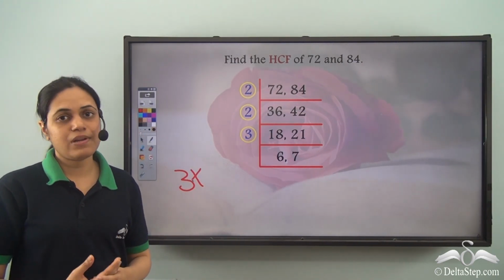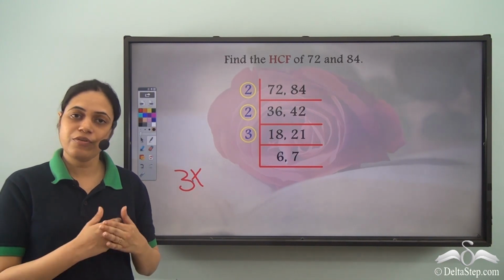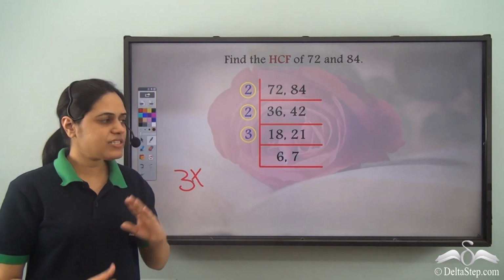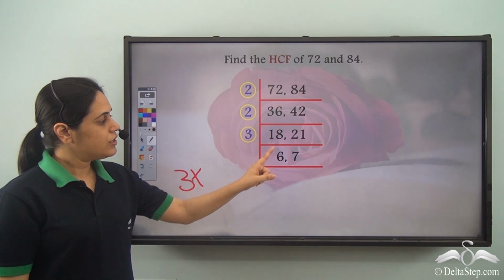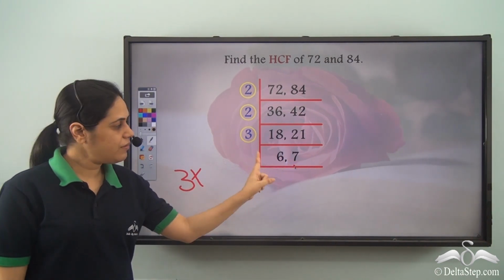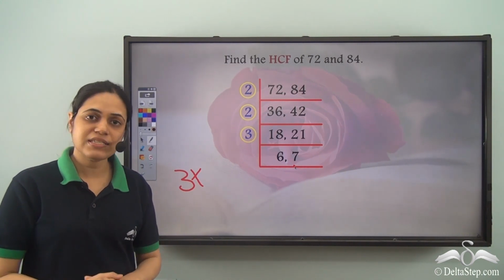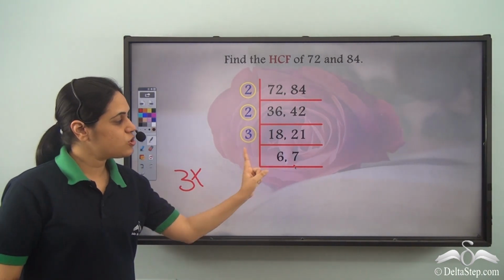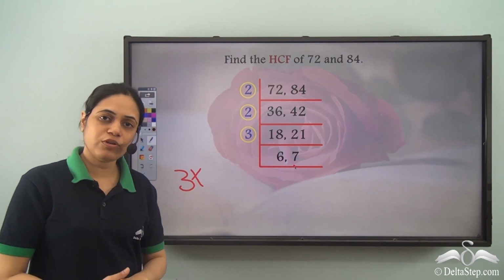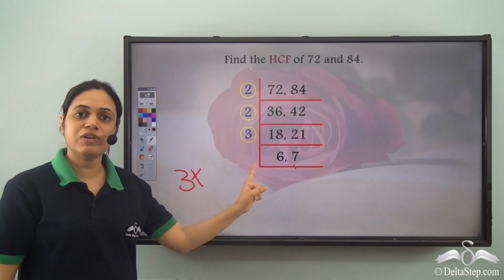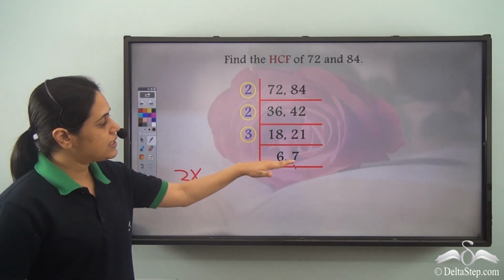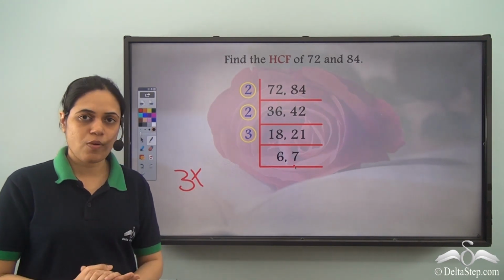It is not divisible by any other number apart from 1 and itself. So let us check for 7 directly. 7 is divisible by 7, but 6 is not divisible by 7 because it is less than 7. So there is no prime number which will divide both of them. So this is where we need to stop.